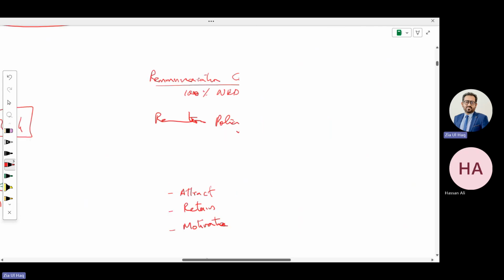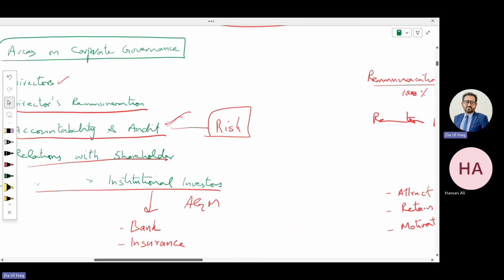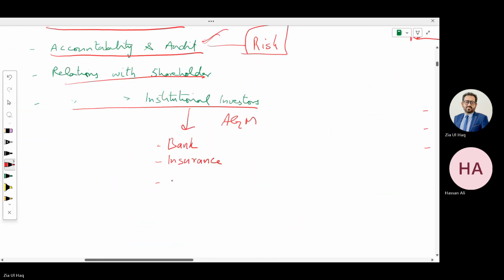Who could be institutional investors? Pension fund providers, who are receiving pension funds from your pay from the company, and will pay at the time of retirement. So what do they do with that money till the time of retirement?